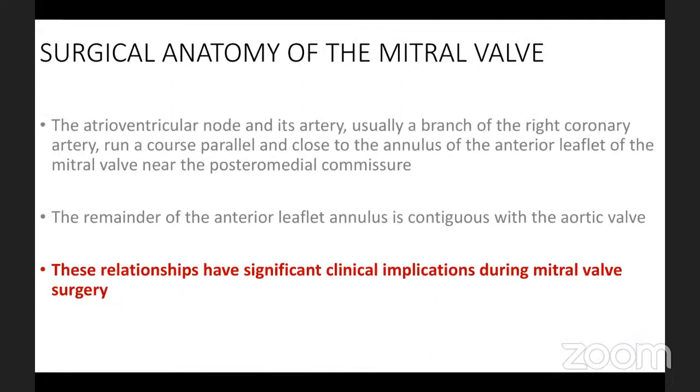The atrioventricular node and its artery, usually a branch from the right coronary artery, run a course parallel and close to the annulus of the anterior leaflet of the mitral valve near the posteromedial commissure. The remainder of the anterior leaflet annulus is in continuity with the aortic valve. So again, these relations are important during mitral valve surgery.